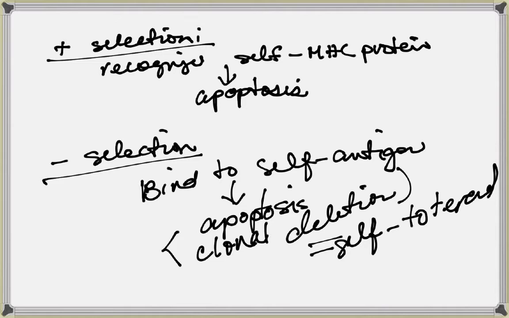So we want to make sure you don't bind your own antigen. If you do, we're going to get rid of you. And this is our process of culling; if you see, it looks like a colony, right? Clonal deletion, because we want to make sure that you're a good soldier that isn't going to cause problems later. And that's what ends up telling us that there is this self-tolerance.